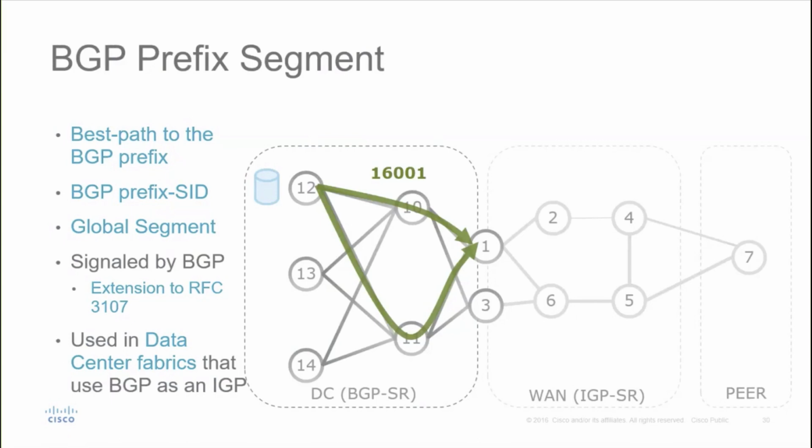So, as in the previous case where I was showing you that in the IGP, a prefix segment can be signaled and you could end up with a global label value for an IGP advertised prefix, you can also end up with a global label value for a BGP advertised prefix. When we use the BGP prefix segment, we call this BGP SR. From the control plane, we rely completely on the NLRI from RFC 3107.